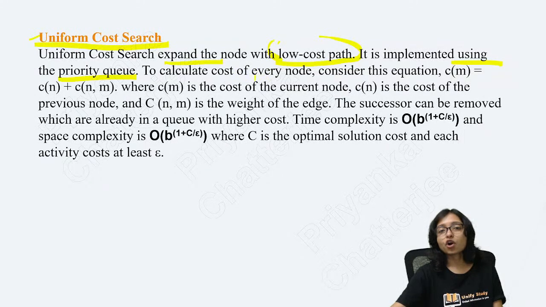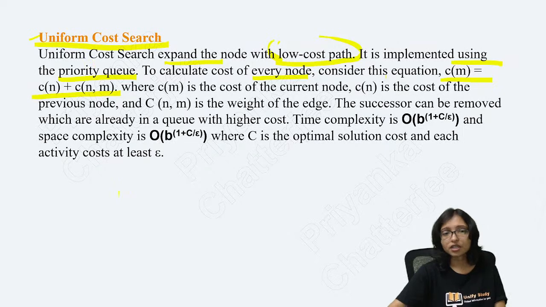And calculate the cost of every node. Consider this equation. Remember the equation. It is a very simple equation, like Dijkstra's algorithm. In Dijkstra's algorithm also we utilize this type of equation: where you are, v, plus w(u,v).